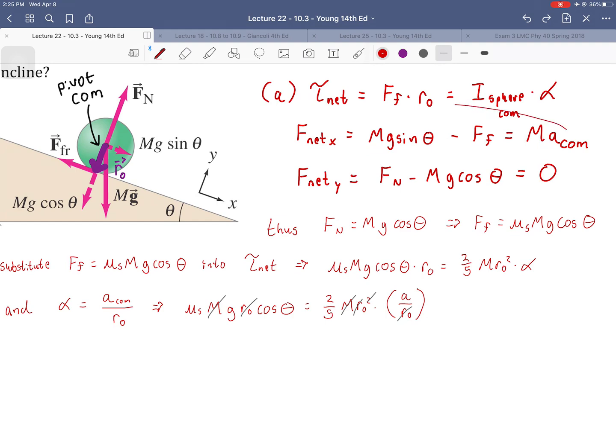I really probably shouldn't have split up the friction force like I did into mu s M g cosine theta, since I'm interested in ultimately back substituting this into the net force, and I really want to express the friction force. So I'm going to say mu s M g cosine theta just equals the friction force.